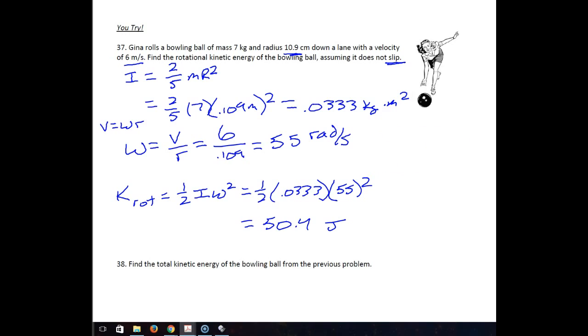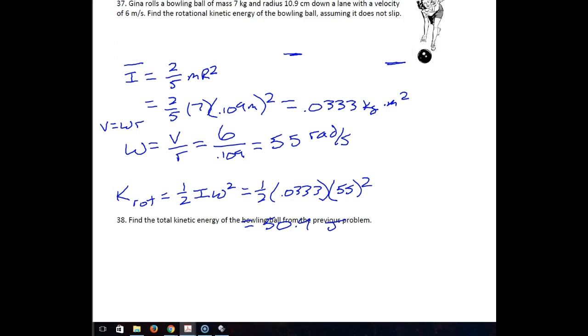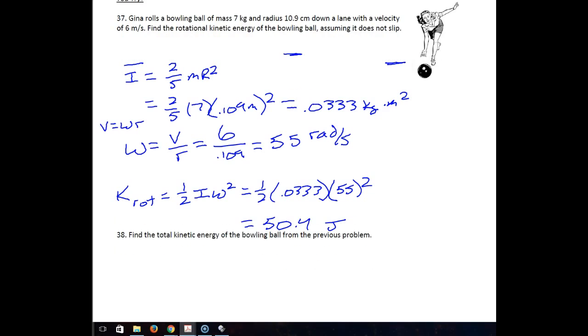So it's got to be the kinetic energy from both the rotation and from it just moving in a straight line. When she pushes it, the ball is moving in this direction, and it's also rotating. So we have to take the kinetic energy that's linear and add it to the kinetic energy that's rotational. Kinetic energy is equal to 1/2 mv squared plus 1/2 I omega squared, where the first is the straight line and the second is the rotating.